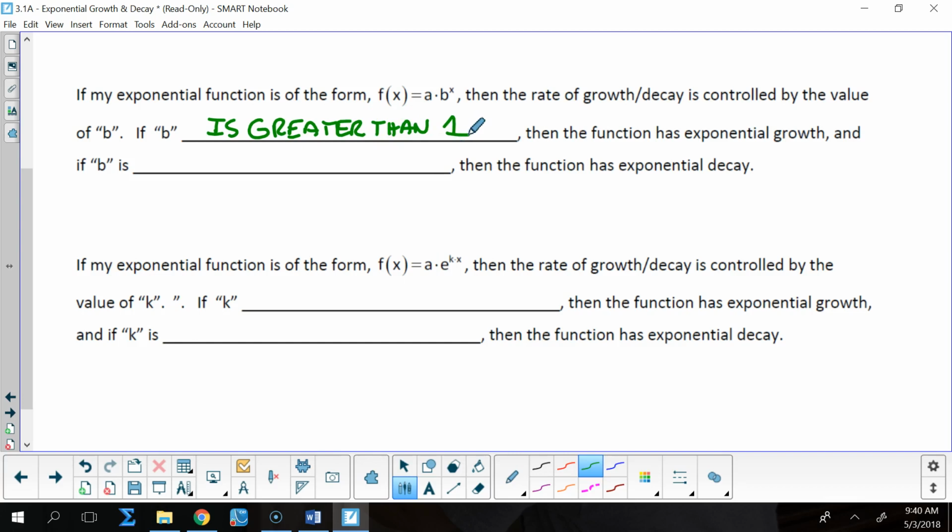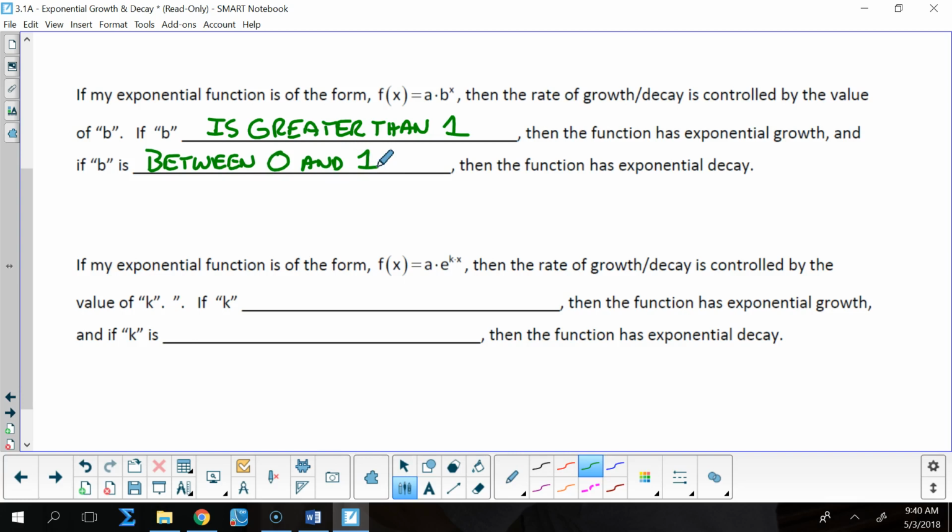And if b is between 0 and 1, then the function has exponential decay.